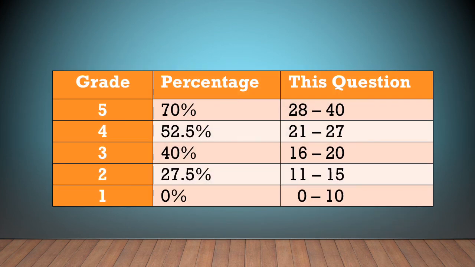There are 40 points available for this question. There is no exact formula for what number of points will constitute a 5, 4, 3, 2, or 1 on the AP exam. However, these percentages are what have been used in the past based upon exams released by the College Board.